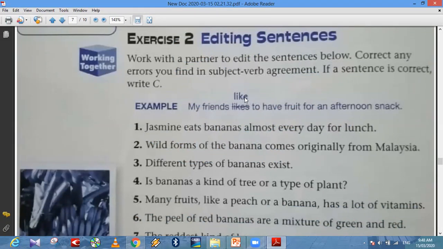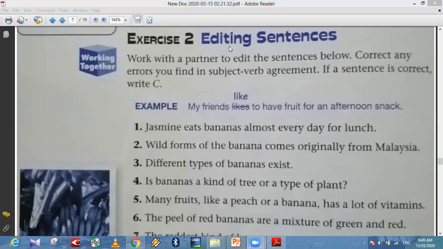It's written likes, but here it's incorrect as you have friends, plural. So the correct verb that agrees in number with the plural subject is like. My friends like to have fruit for an afternoon snack. So now, number one, raise your hand if you want to answer. Sumaya is raising her hand. Yes, Sumaya can answer now.